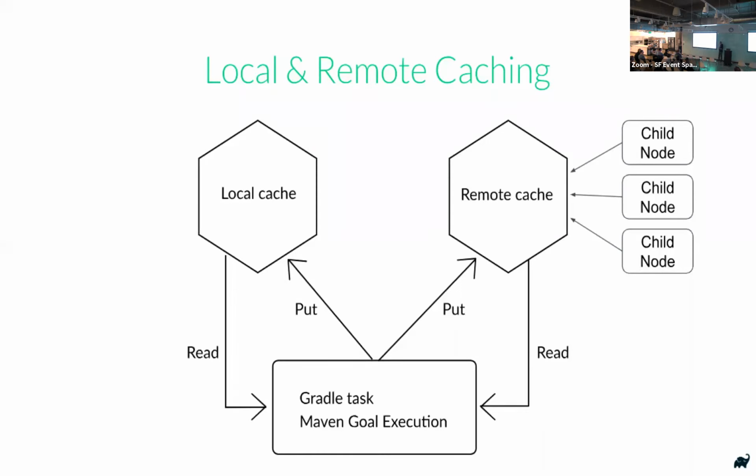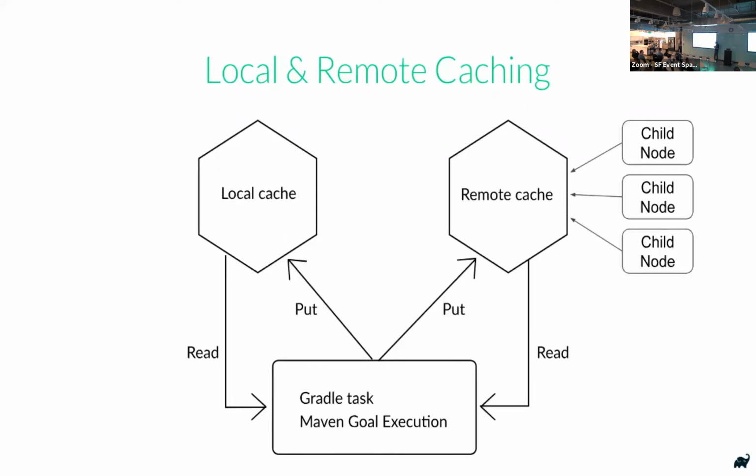The way things usually work is that when CI builds are run, before they run a goal or a Gradle task, they calculate the cache key and ask, do you have output for that cache key? If the remote cache says no, they run the task and store the output in the remote cache.